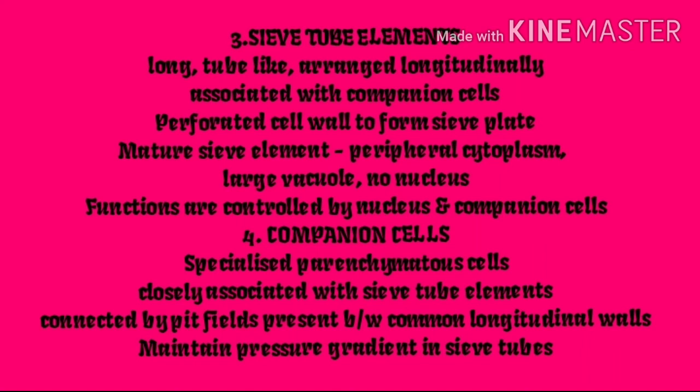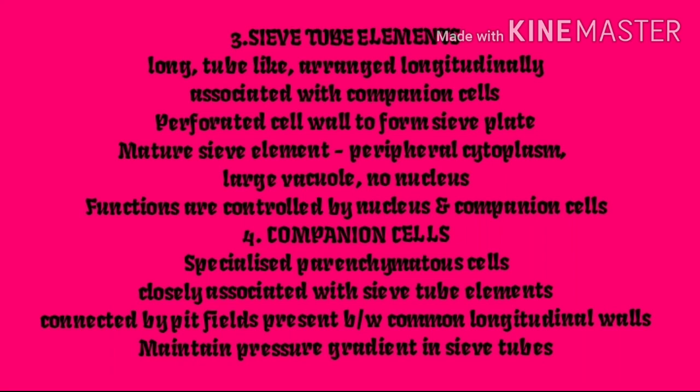The next one is sieve tube elements, which are also long tube-like structures arranged longitudinally and are associated with the companion cells. Their end walls are perforated in a sieve-like manner to form the sieve plates. A mature sieve element possesses a peripheral cytoplasm and a large vacuole but lacks a nucleus.